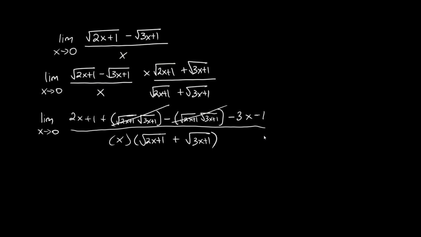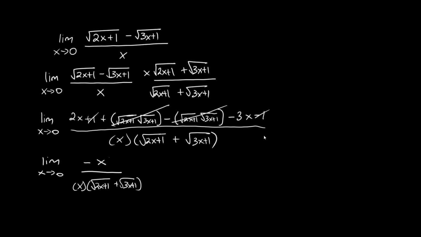Now 2x plus negative 3x becomes negative x, so we'll have the limit as x approaches 0 of negative x. These two would cancel, and so we will have that divided by x multiplied by the root of 2x plus 1 plus the root of 3x plus 1.